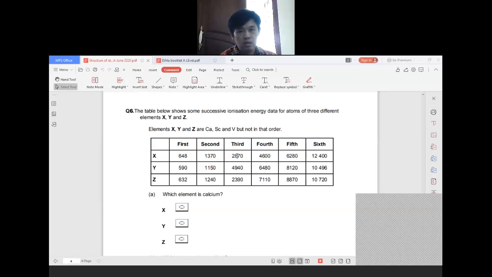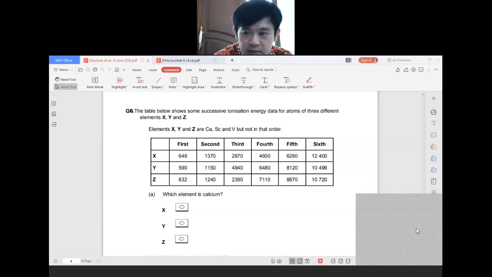The jump is not that huge compared to 1150 until nearly 5000. So this is the huge jump. So it means it has two electrons in the outermost shell.